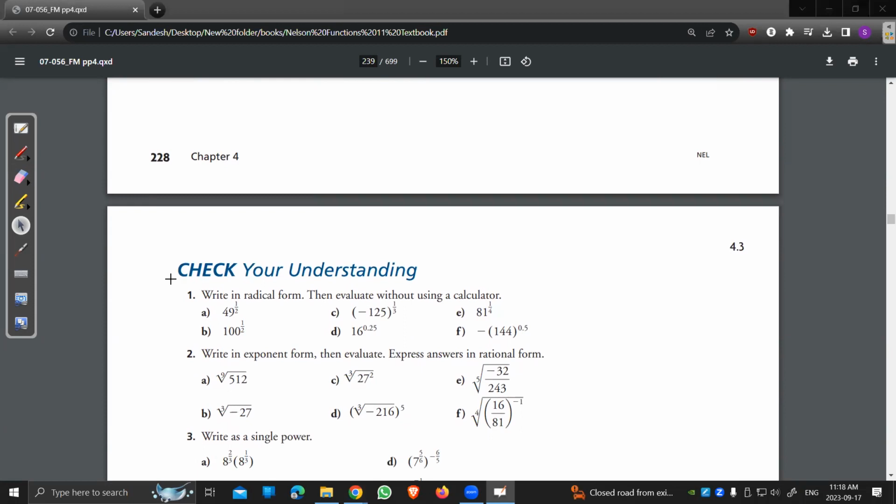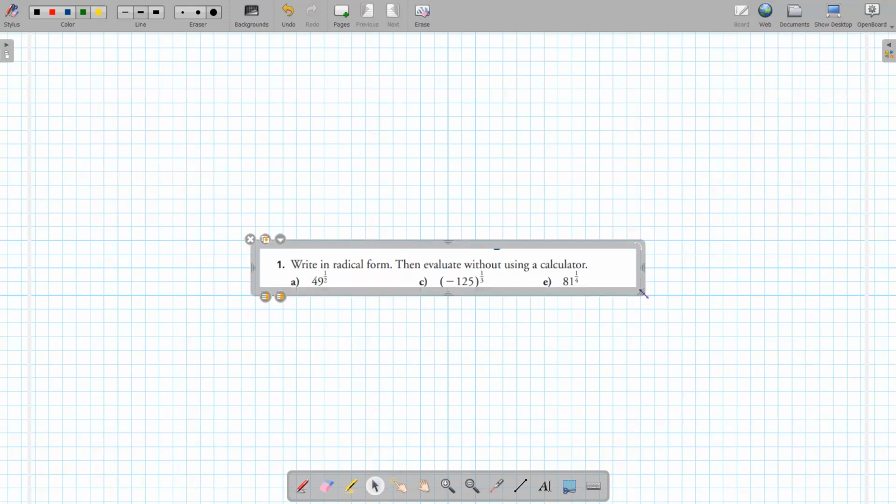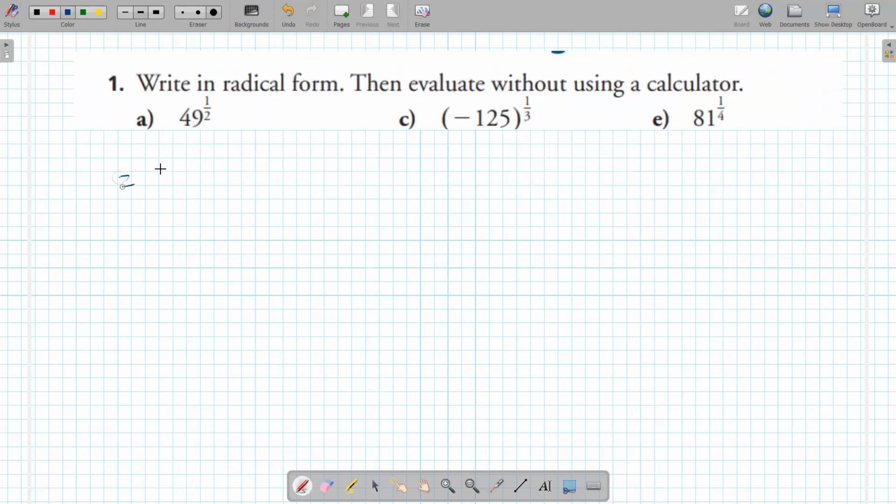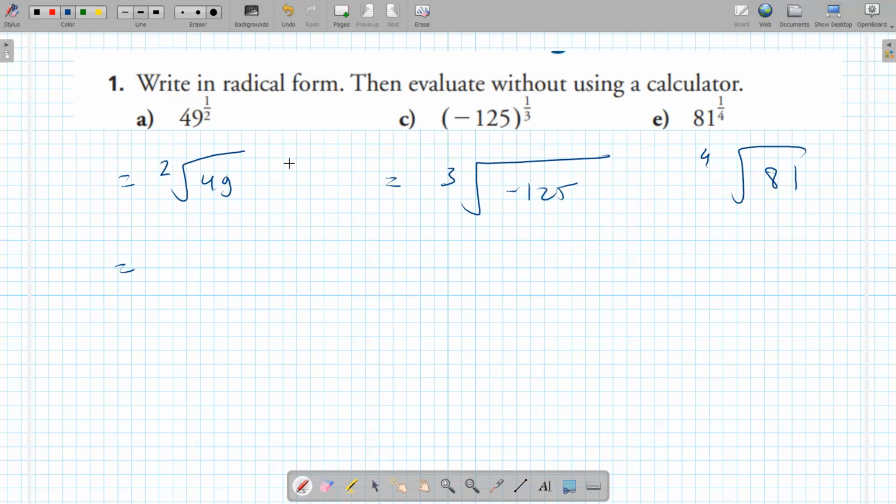Here we can speed run this, okay? It looks like a lot, but honestly it is not. All of these are like 10-second answers. Write in radical form: square root of 49, cube root of negative 125, fourth root of 81. Now it says evaluate without using a calculator. We know the square root of 49 is 7.